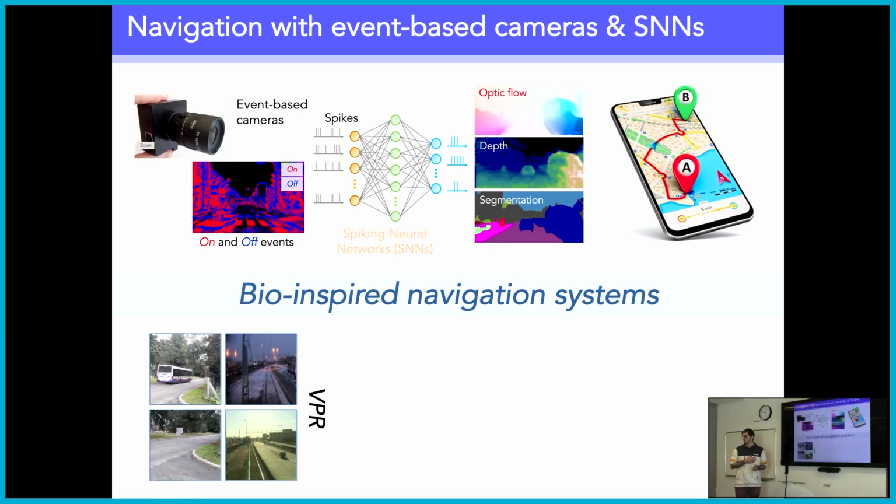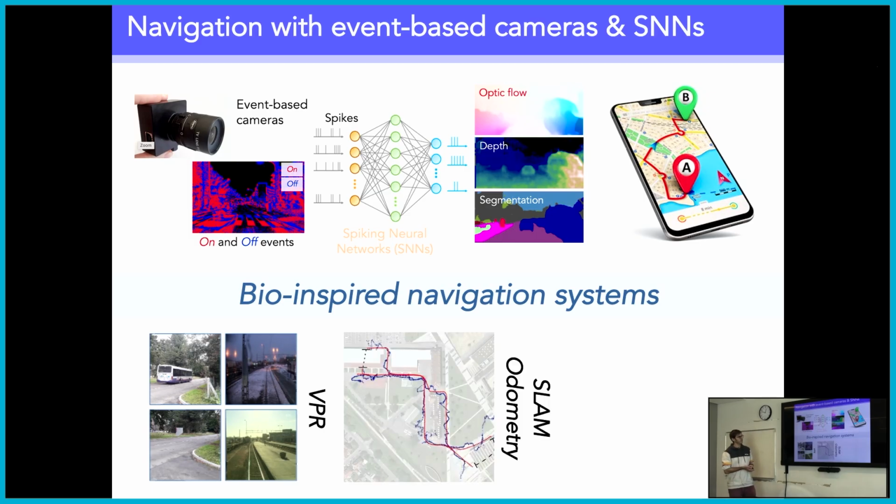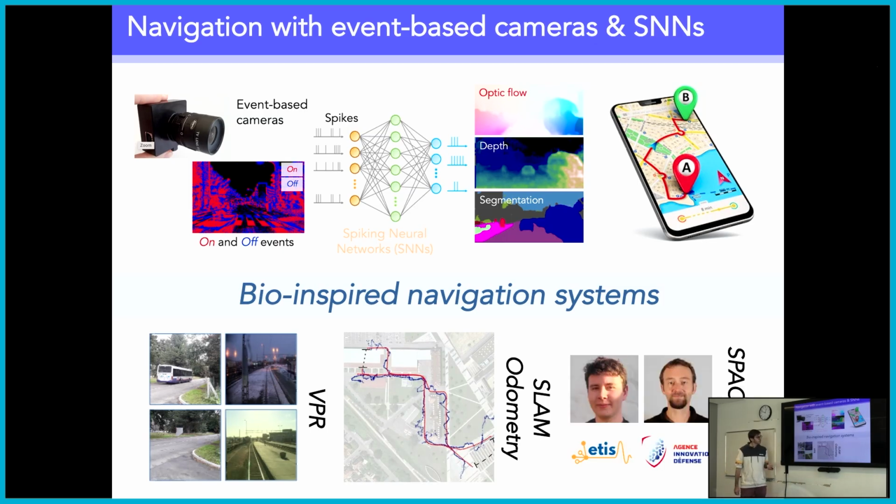We want a system to be able to recognize the different places it goes to, and notably to remember previous places it explored, even though these places can be captured from different angles, at different moments of the day or at different moments of the year. And so it's quite challenging. And at the very end, we want to use that and odometry to perform simultaneous localization and mapping.